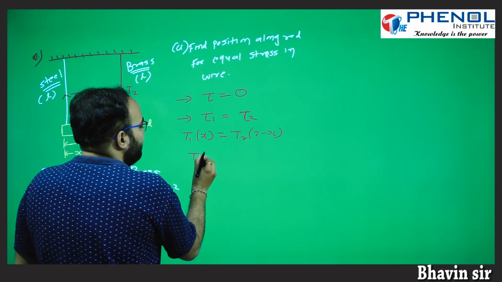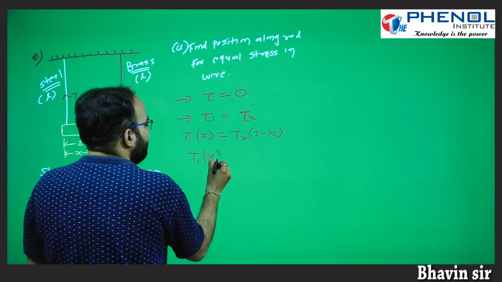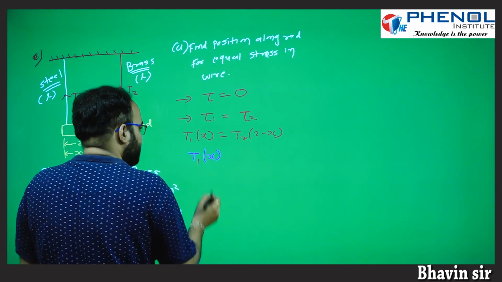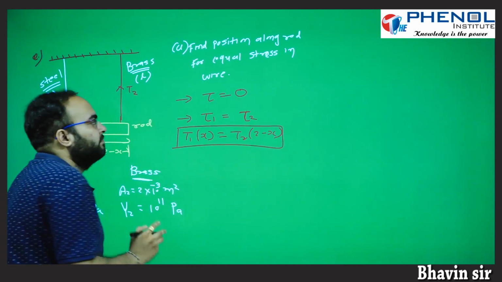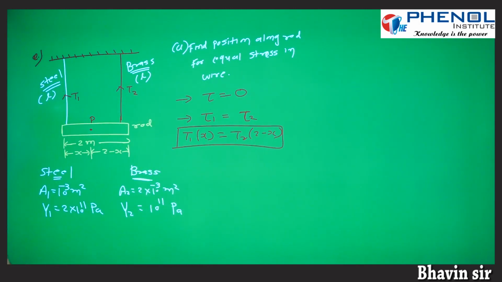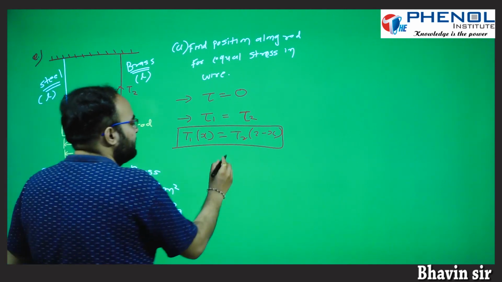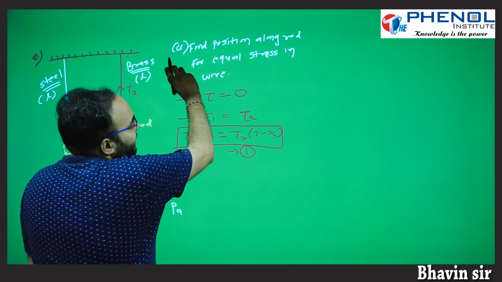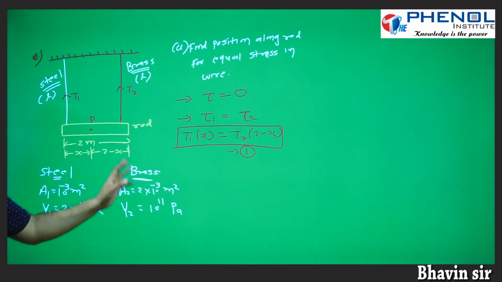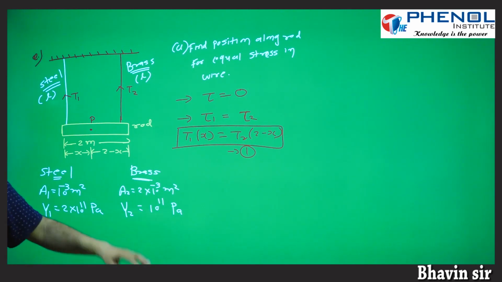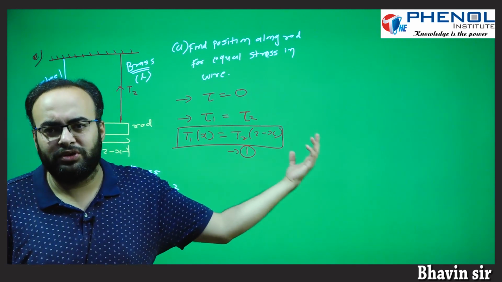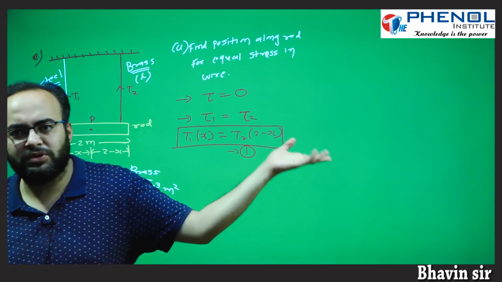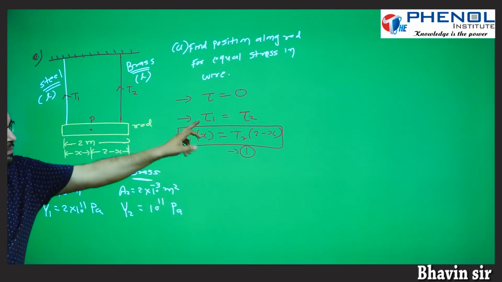So we get one equation: T1x is equal to T2 into (2 minus x). This is the general equation that we used in our A case and B case. The torque produced by the steel wire and the torque produced by the brass wire are equal in magnitude, opposite in direction.